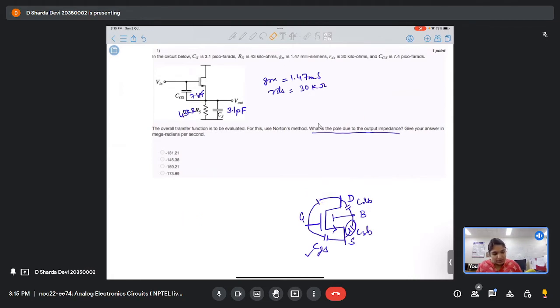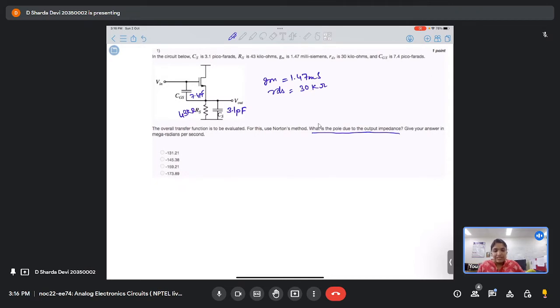So I'll let you know first of all, see, when there are complex circuits with multiple transistors, so here we have a single transistor, but when there are multiple transistors, they will give you a number of capacitors, and when you try to solve the transfer function across that whole circuit, it is very tedious, and sometimes it gets so huge that you tend to make mistakes.